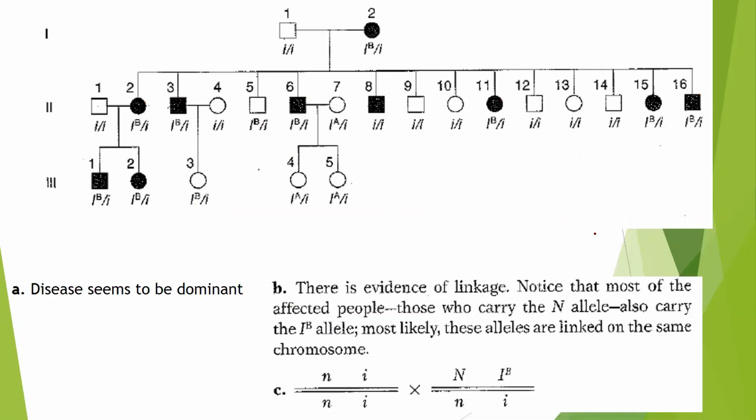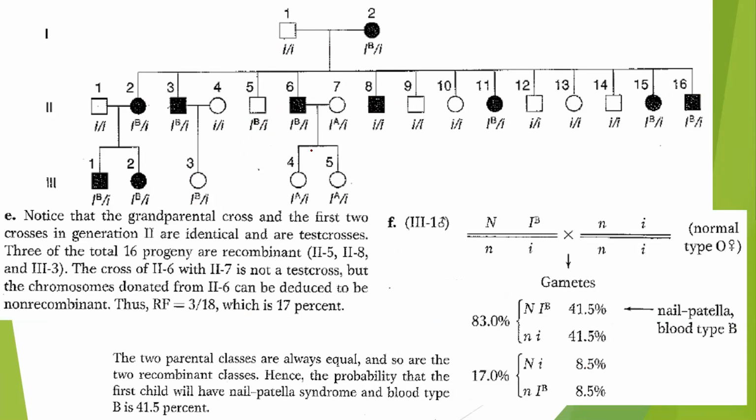So if you think about this, you can conclude that the disease seems to be dominant. Of course, it is dominant, and there's a linkage between this disease allele and this IB allele for the blood type gene. Now, how can we explain these exceptional individuals? Because of crossing over, right?